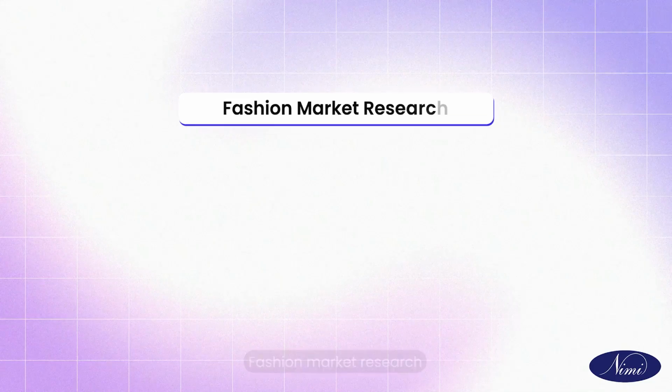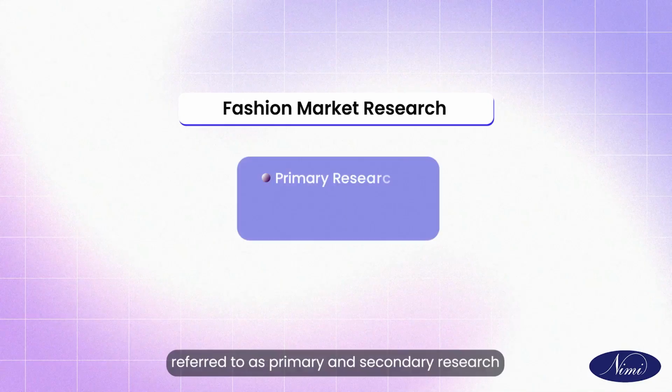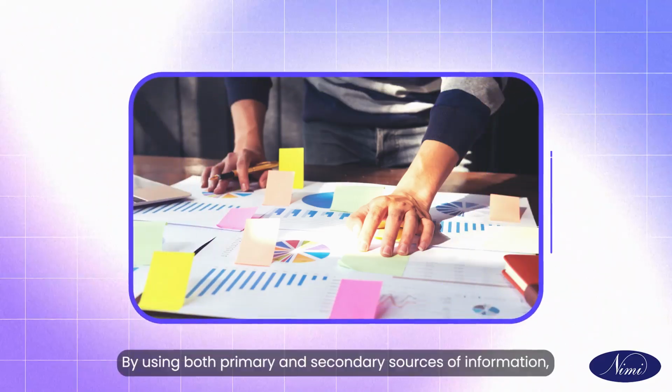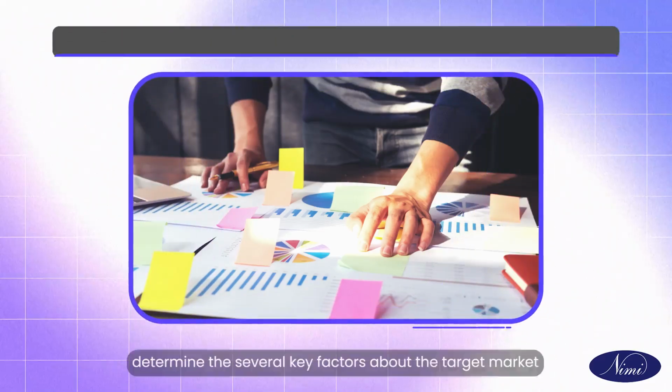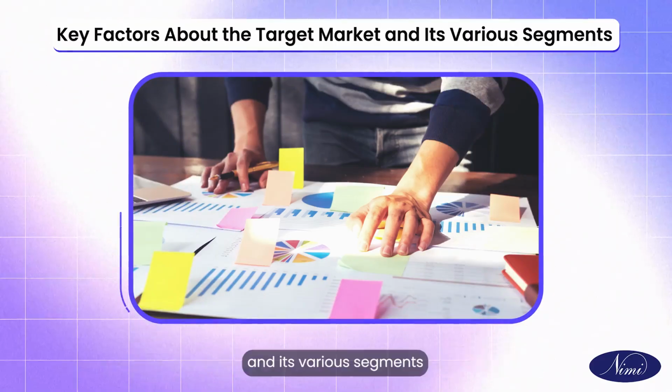Fashion market research is made up of 2 sources of information, referred to as primary and secondary research. By using both primary and secondary sources of information, determine the several key factors about the target market and its various segments.